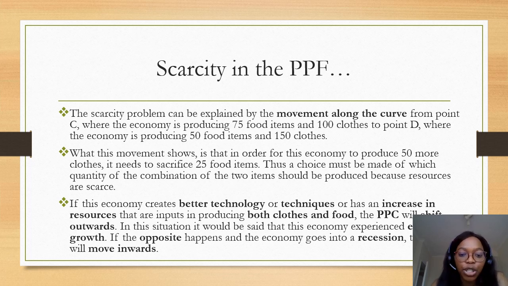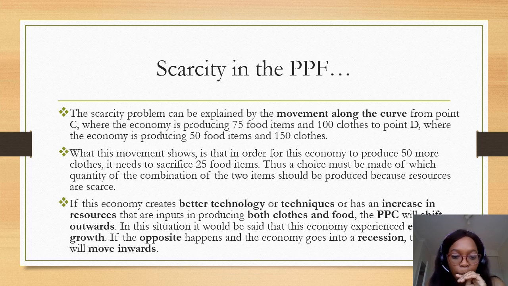What this movement shows is that in order for the economy to produce 50 more clothes, it needs to sacrifice 25 food items. Thus, a choice needs to be made of which quantity of the combination of the two goods should be produced because resources are scarce. So if you were asked in a test situation to explain the trade-off, or how scarcity or the concept of choice is shown in this curve, you would write something like this.